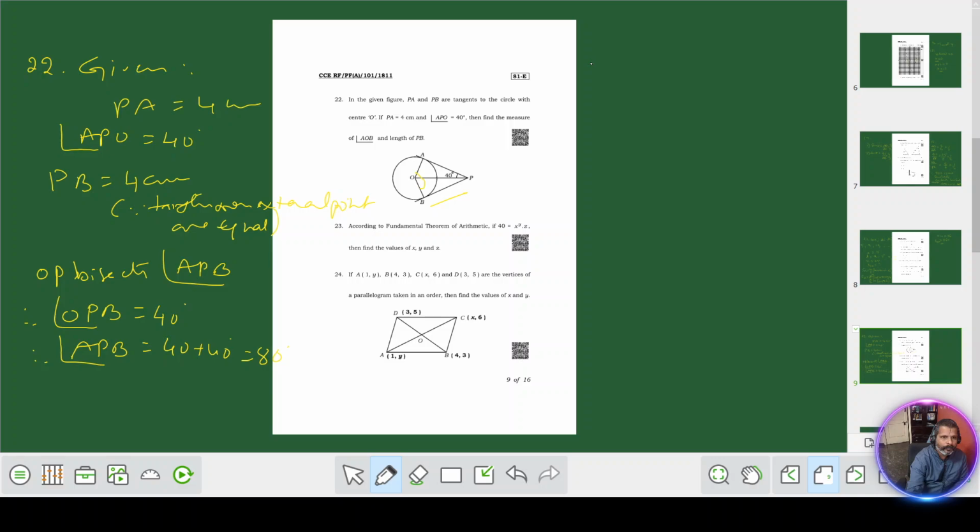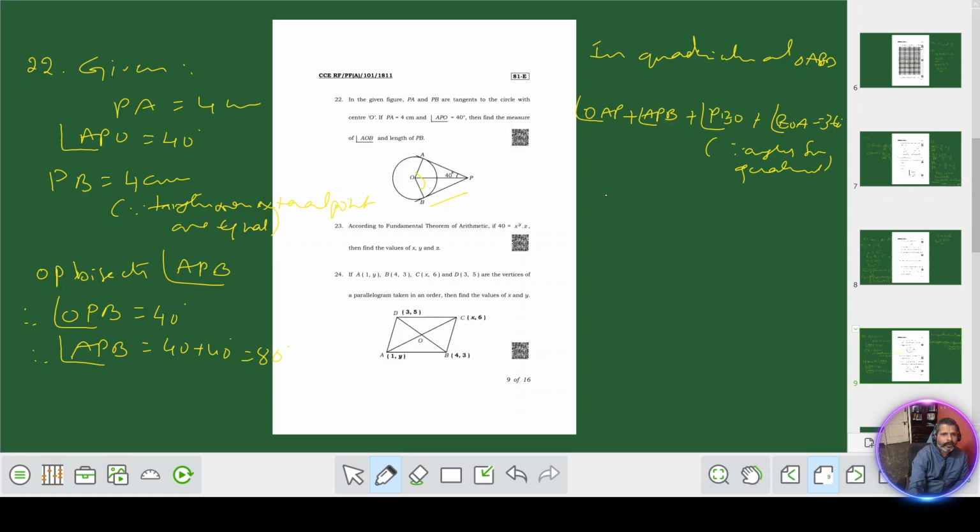In quadrilateral OAPB, write all the angles sum: OAP plus APB plus PBO plus BOA is 360 degree. Write the reason: angle sum property of a quadrilateral. Okay.